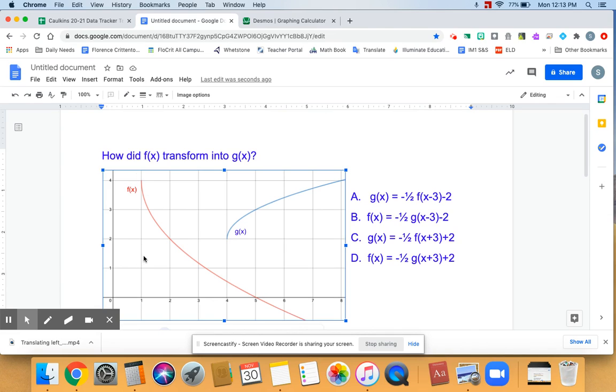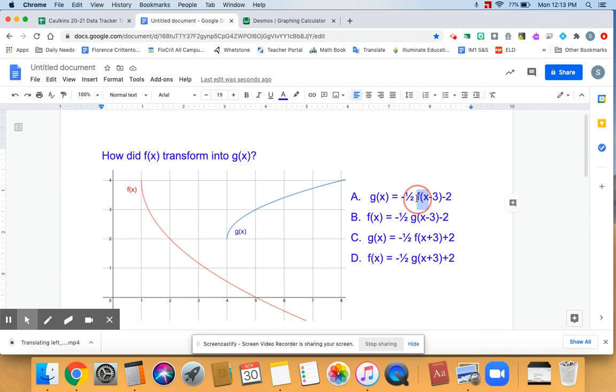So I would be going down 2 and right 3. So I take f of x and I go down 2, and that's at the end, and then right 3 is a -3 inside. So far this is good. In order to take f of x and turn it into g of x, they're saying we're going down 2 and right 3, which is correct so far.